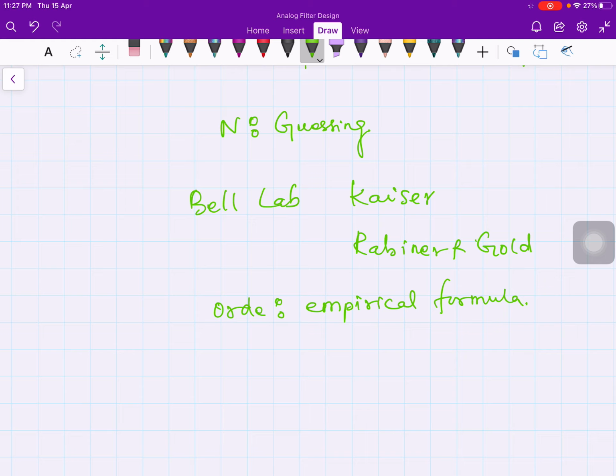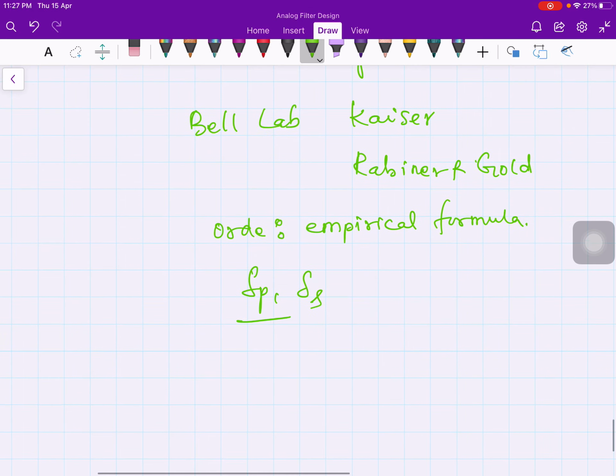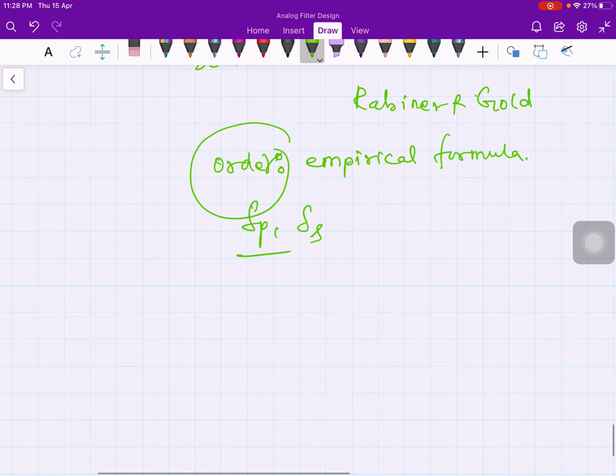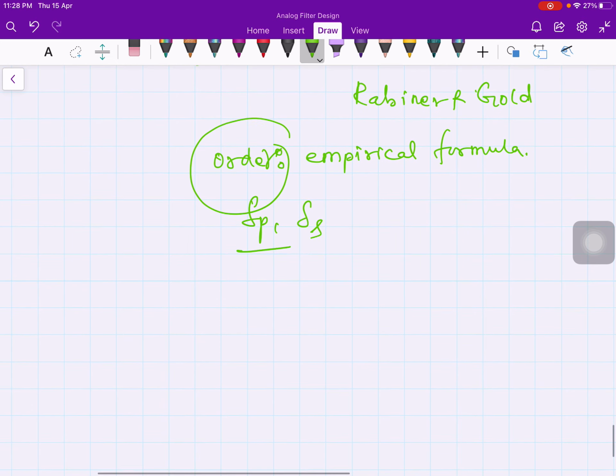This empirical formula uses the specifications like delta P and delta S, the pass band tolerance and stop band tolerance. So given the tolerances in the pass band and stop band, there are some simple formulas for estimating the order. And there are some complicated formulas also.